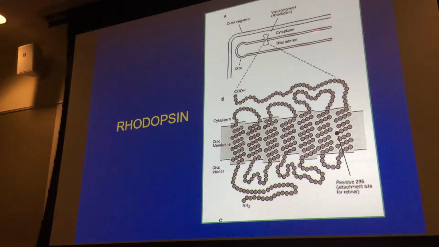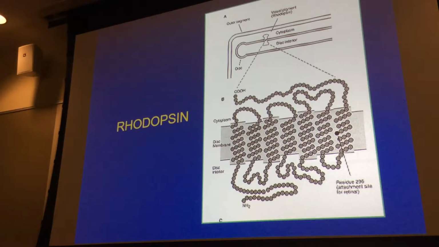Rhodopsin comes from the rod outer segment, which is a very specialized tissue or organ, very, very well studied, particularly in the middle part of the 20th century. Very easy to obtain this tissue. You would go to a slaughterhouse, get some cow eyes, and take the retina and just shake it, and the rod outer segments will just drop out into your little dish.